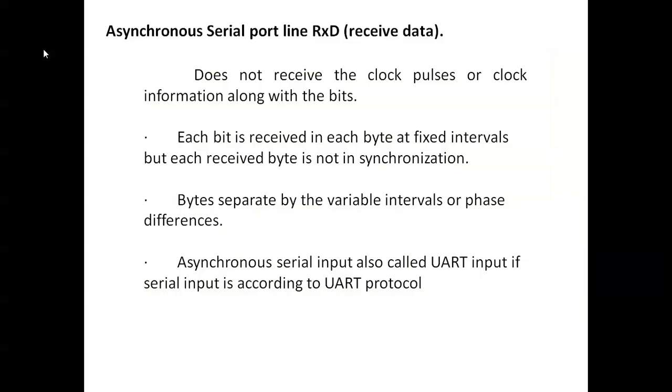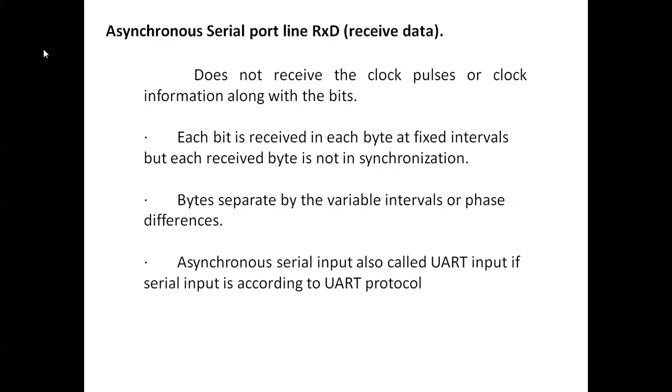So now we have to see asynchronous serial input, receiver data. I already said synchronous is played by a clock. Asynchronous means we do not use a clock here. It does not receive the clock pulse or clock information along with the bits.